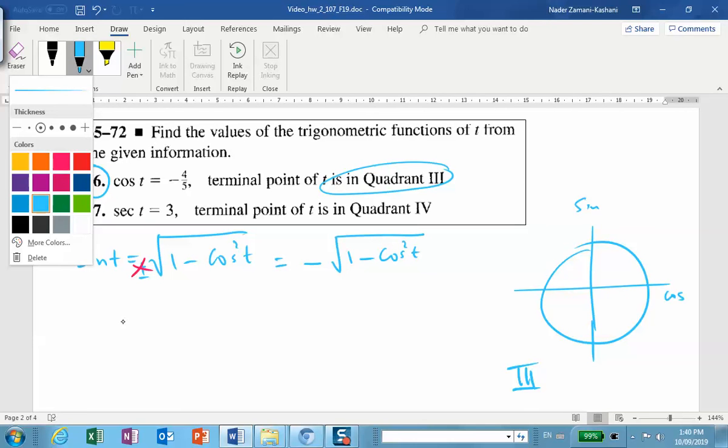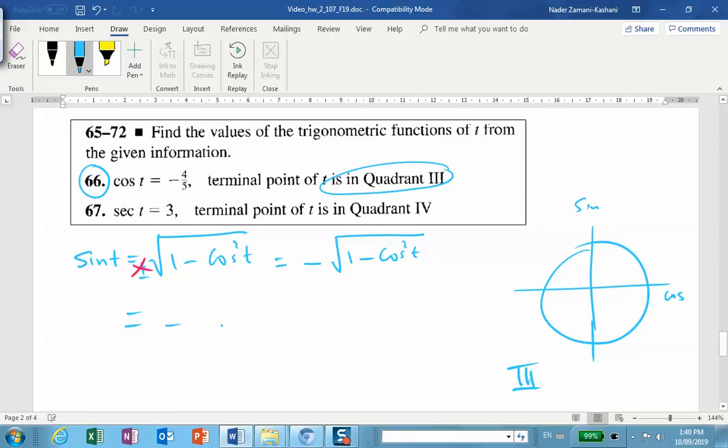Now plug it in: equal to minus the square root of 1 minus 4 over 5 quantity squared. Please do the algebra. This is going to be minus 3 over 5. Make sure you do the algebra.